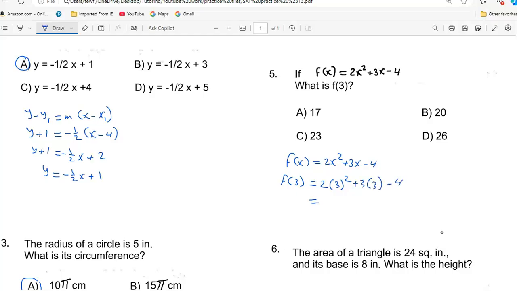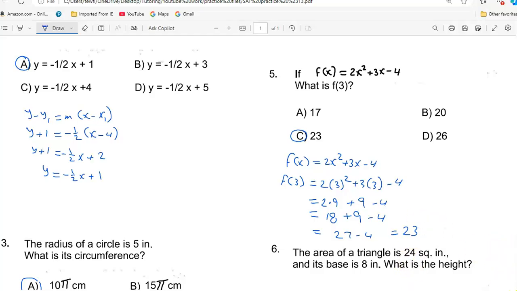That gives you 2 times 9, plus 3 times 3 is 9, minus 4. I have 18 plus 9 minus 4, so 27 minus 4 is 23. So the final answer is 23, choice C.